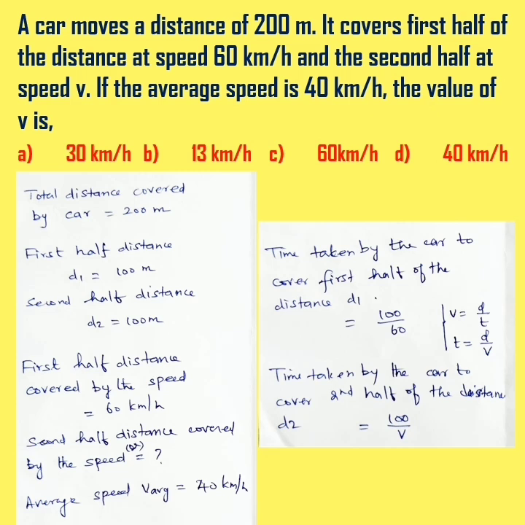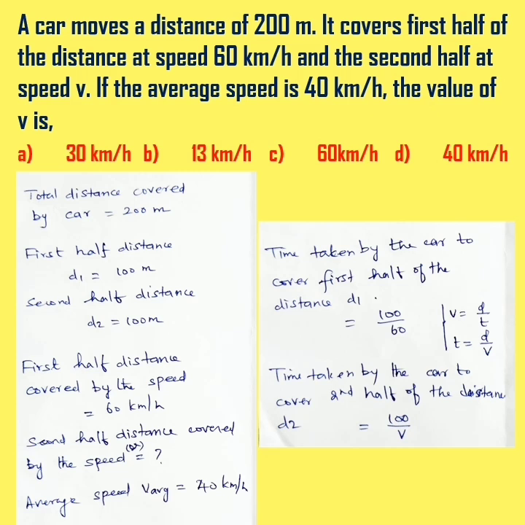So to solve this problem, first let us take the data given in the problem. The total distance covered by the car is equal to 200 meter. First half of the distance is 200 by 2, that is 100 meter.